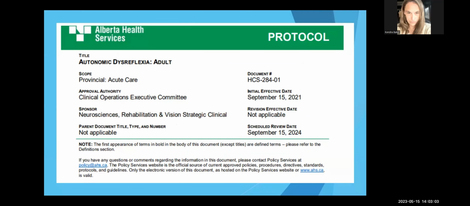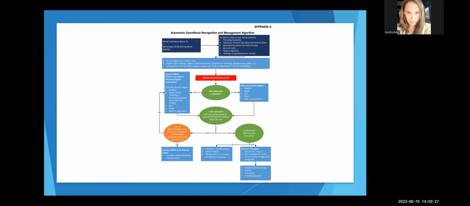This is what it looks like when you pull it up. And as you can see, this has been in effect since 2021, and it's a really great resource for anybody who may have a patient with a spinal cord injury, whether you work in acute care, rehab, or even in the outpatient settings. Can I get the next slide, please?